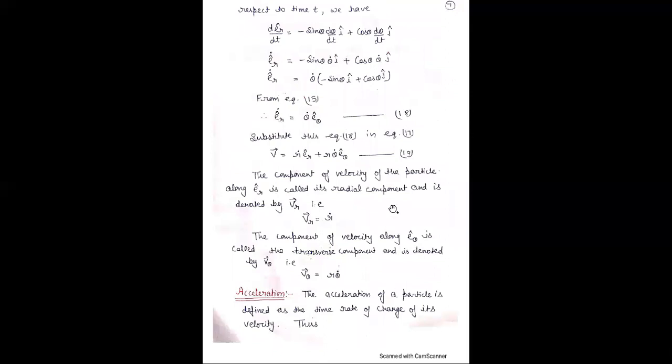The final value of e r dot is theta dot, taking common, times minus sin theta i plus cos theta j. From equation 15, the value of e theta is equal to minus sin theta i plus cos theta j. Therefore, replace this by the unit vector e theta cap. Therefore, e r dot is equal to theta dot e theta unit vector.